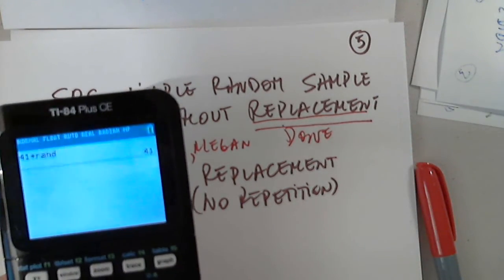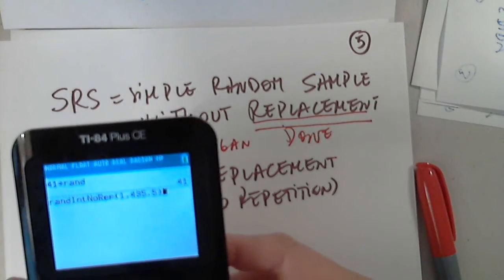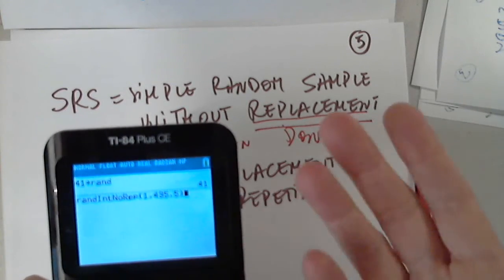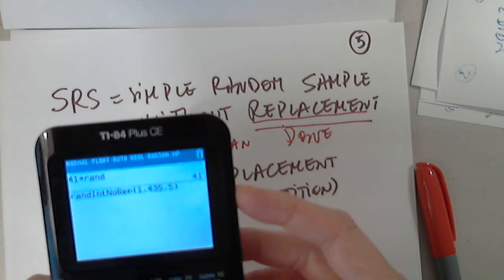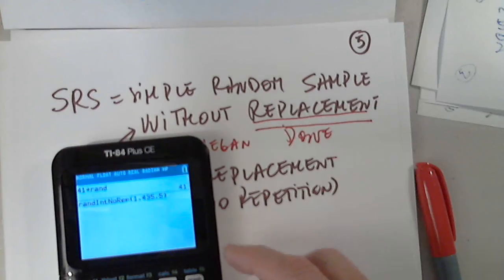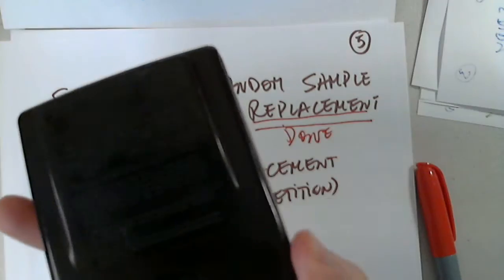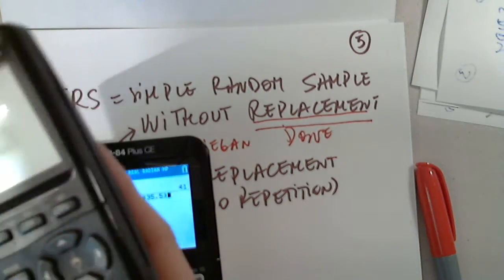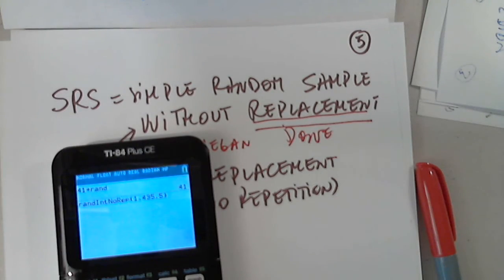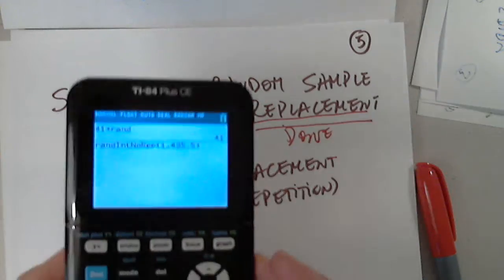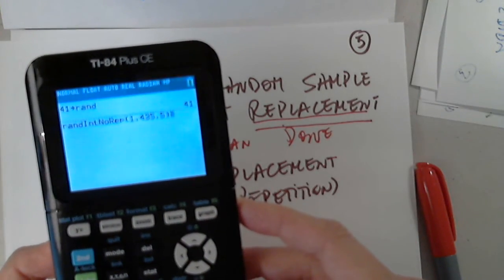This calculator is slightly more sophisticated than others because it's a newer calculator. The calculator that I like the most is the TI-86, but it's probably a 20-year-old calculator, and they don't manufacture them anymore. That's the one I like, but it doesn't have the features that this one has.